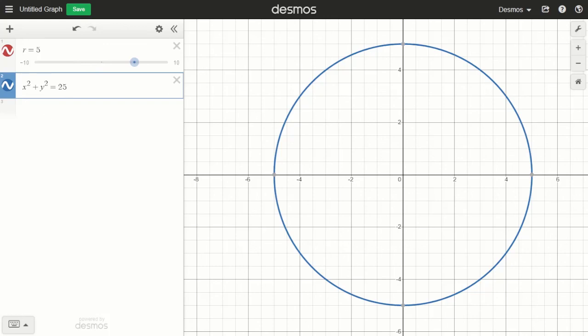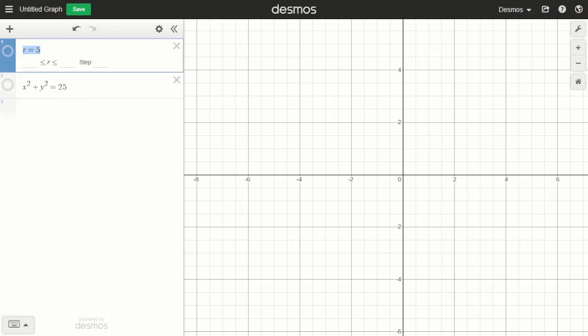In the same way, we can do our last problem in example 6, which is r squared times cosine of 2 theta equals 9.